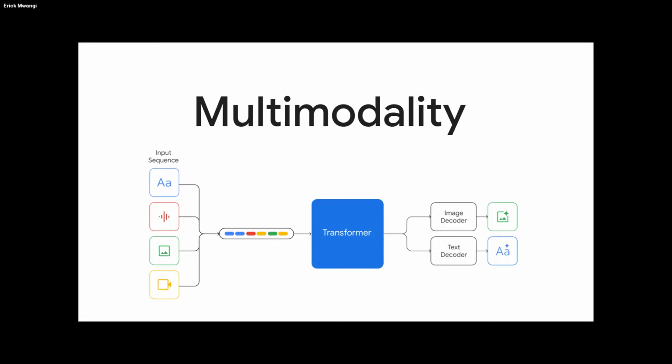Some of you might ask, why not use two different models? You have one model that uses text and another model that uses sound, and then they communicate with each other. But the problem with that is that when you convert sound to text, some information might be lost, because when you're talking, you have a tone, and you cannot describe that tone in text.